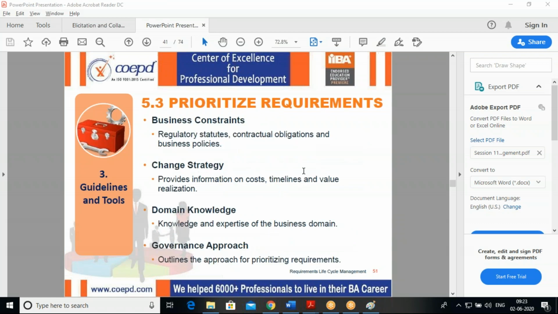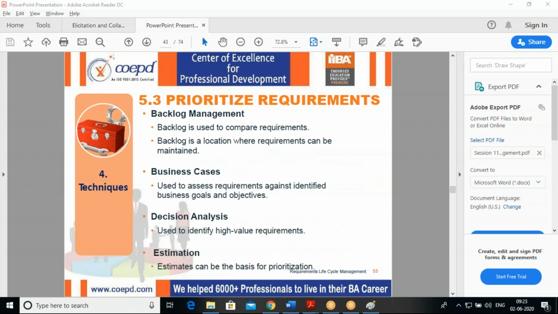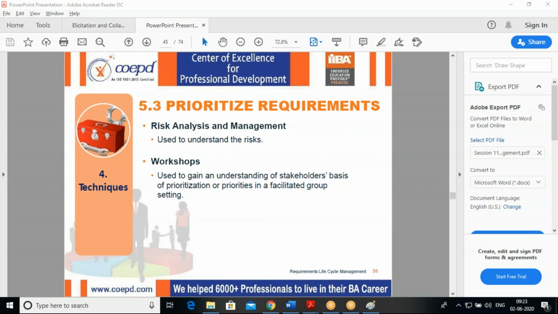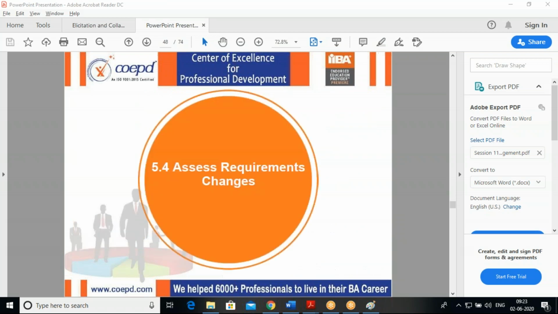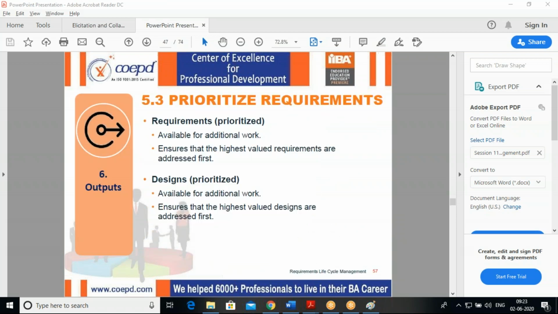Okay, and then we will be looking into the outputs. We have to come up with the prioritization of the requirements and the prioritization of the designs. I want you to write at least 10 requirements and 10 designs. Before you start working on this prioritization of requirements, I just gave you one, but I want you to write down 10.